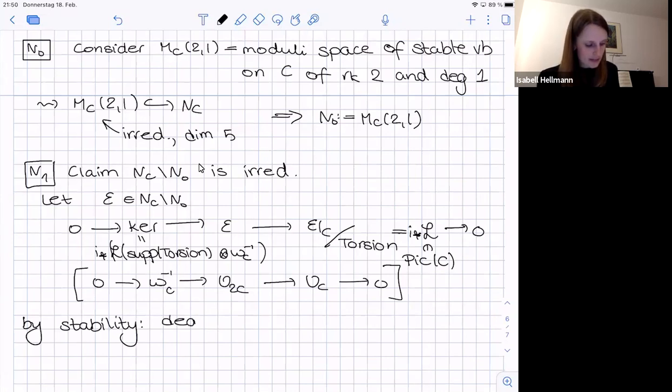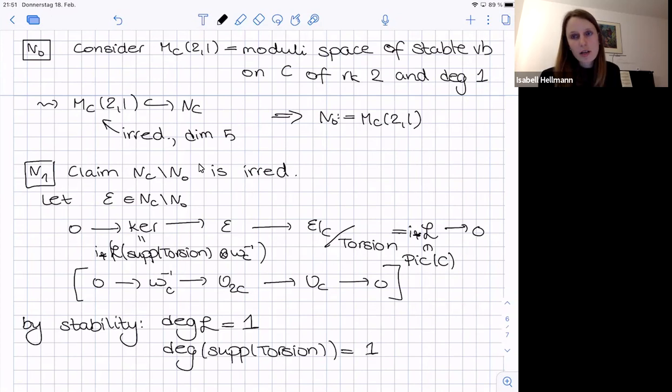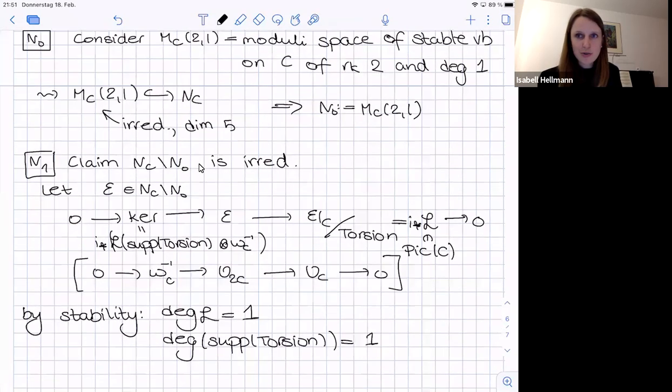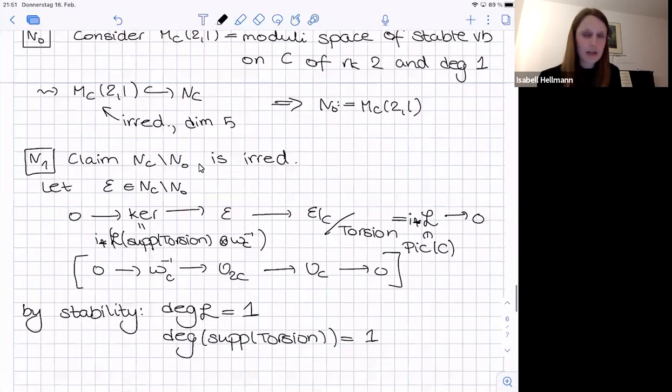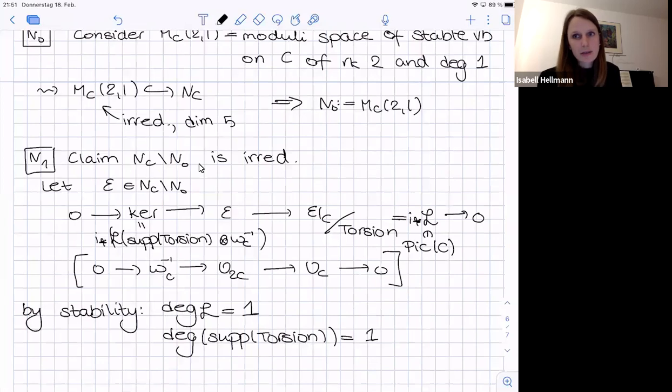So I find that the degree of L has to be 1, and the degree of the torsion part is 1. This is actually only true for genus 2. In higher genus, you would find degree between 1 and g minus 1. So in this case, you would find g components, but here in my genus 2 case, it's all very nice. I only have 1 extra component next to the vector bundle component.